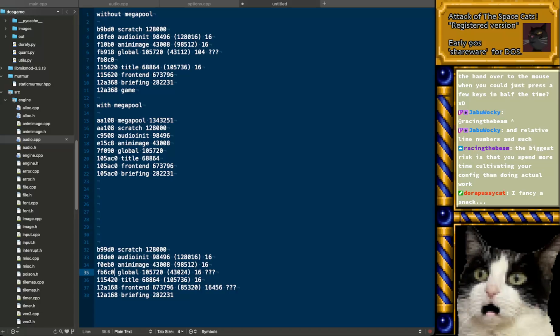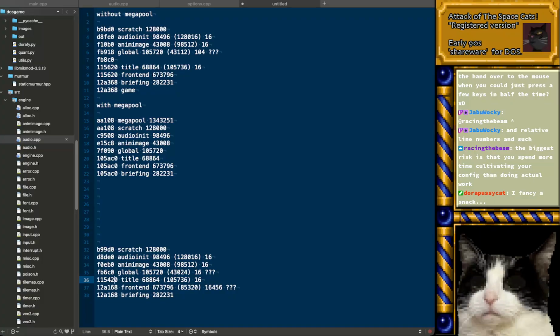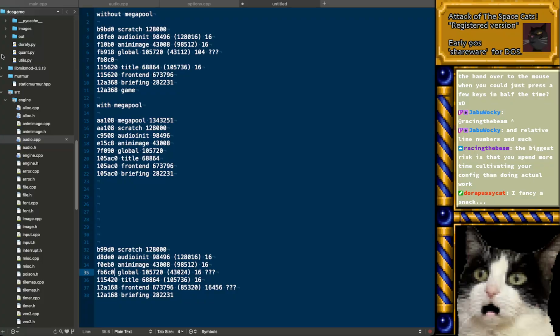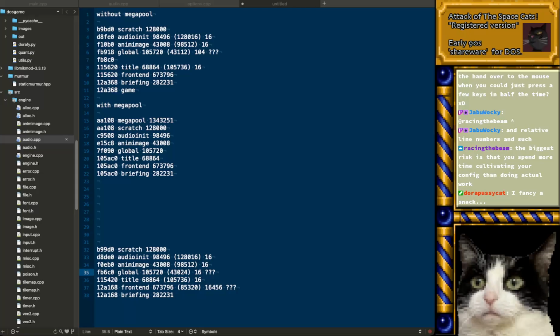And then that one is in the same place. Okay. Oh, don't suppose it matters though. Right. Calculator. There it is. FB60 minus F0EB0 is 43024, which is the correct number.